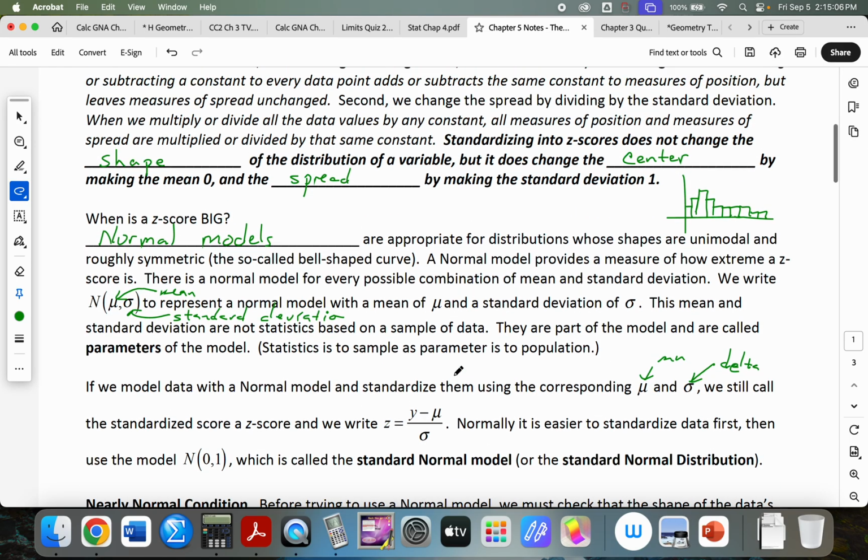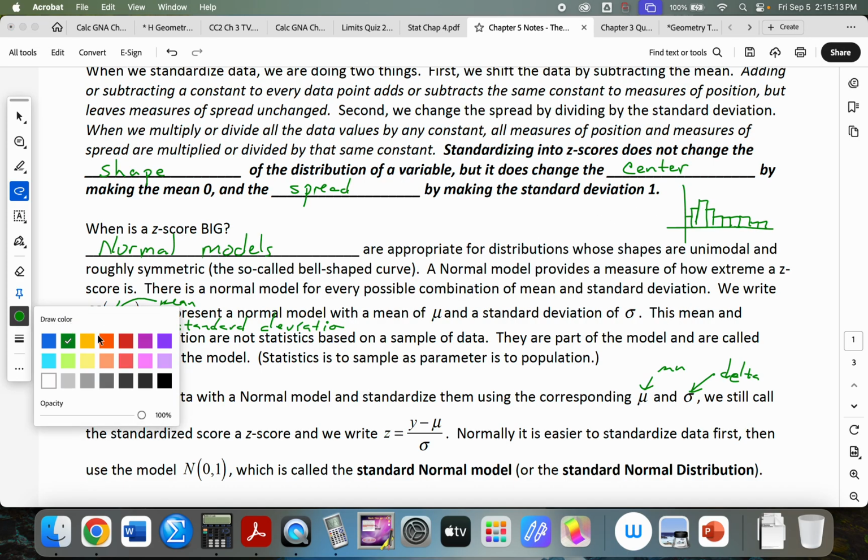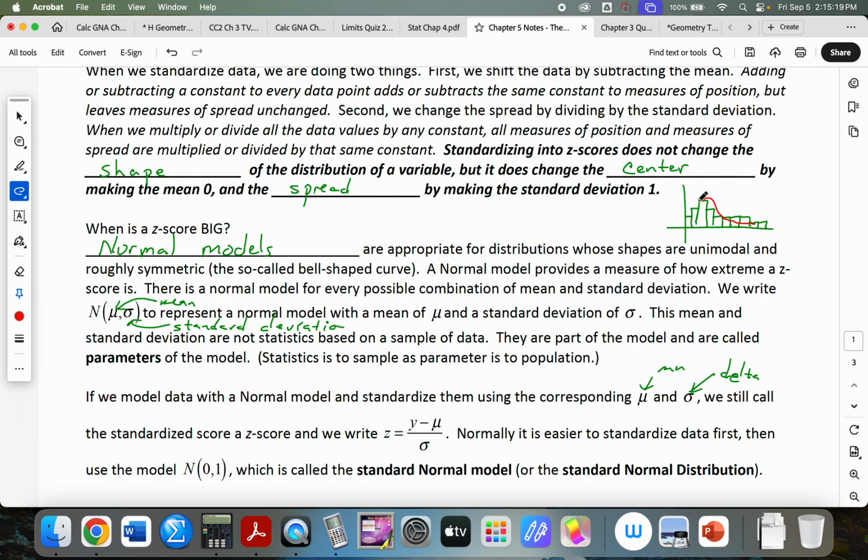If you go back to this one, a normal model doesn't fit that very well. If I try to fit that, it would look like this. It's okay in here, but it way underestimates here, and it thinks there's going to be things over here that aren't even there. It's a great question.